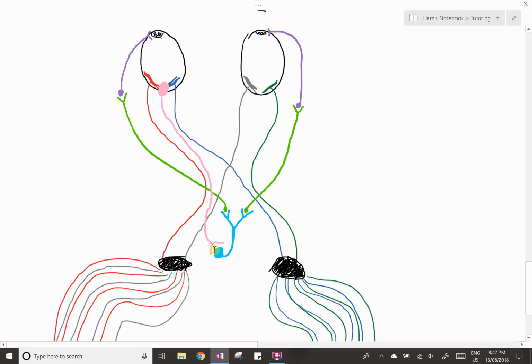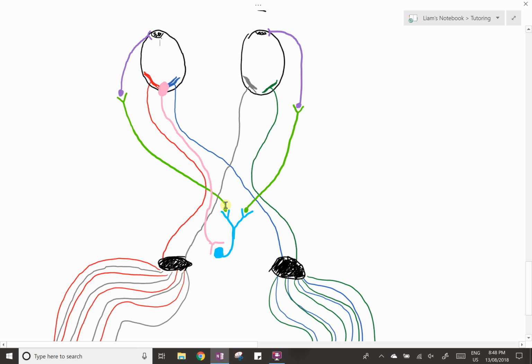The pretectal nucleus then sends out a branch to both, what we call the Edinger-Westphal nuclei. So you have, again, one on each side, the EW nuclei. It doesn't matter, this is parallel on the opposite side. Fibers from your pretectal nucleus will innervate both EW nuclei.